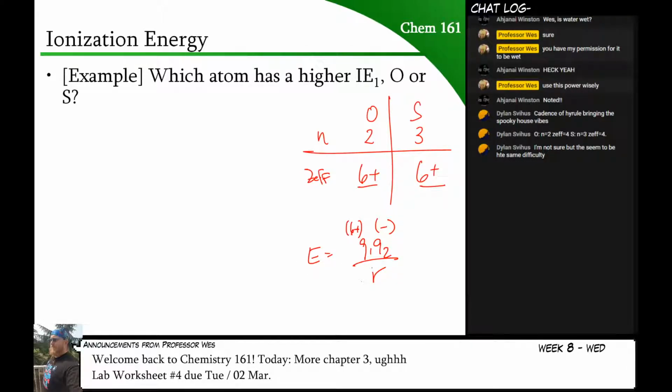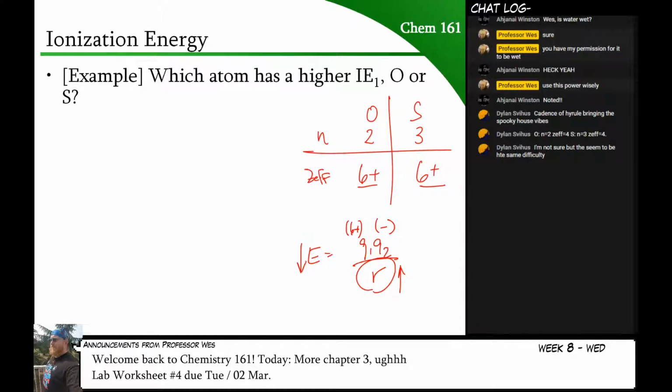So if these are the same, it's got to come down to this. Which electron is further away, O or S? Which has a valence electron that is farther away? Because if this goes up, this goes down. So the electron that's farther away should be easier to ionize.